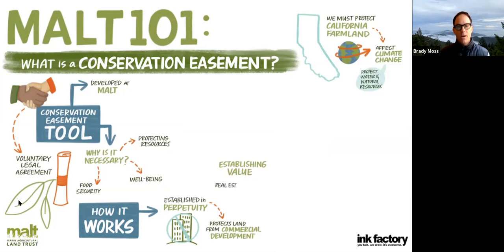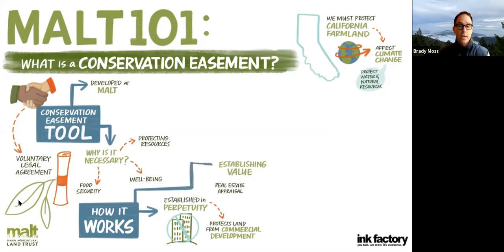And they'll compare that to an analysis of the property when it's valued as farmland, theoretically restricted by MALT's easement. And the difference between those two values is considered to be the value of the development rights, and hence the value of the conservation easement. So that's how the easement value is established, and how a MALT transaction is developed.